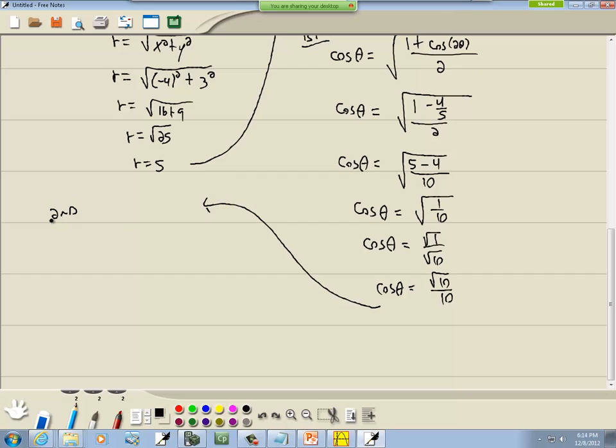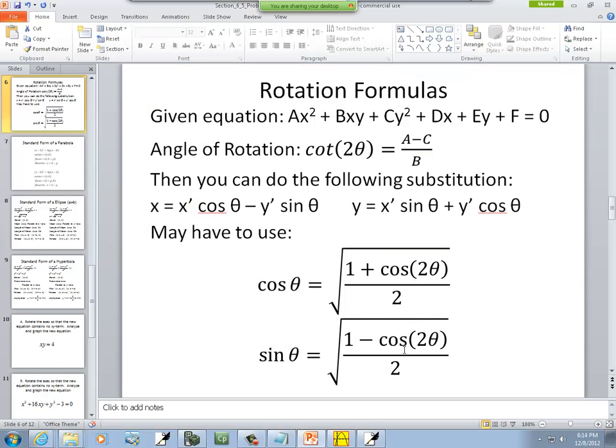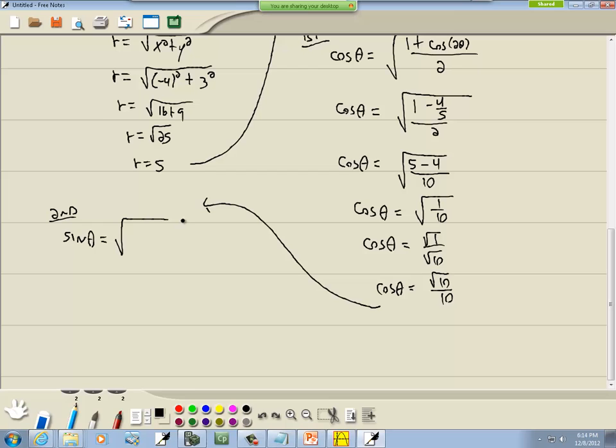And then second thing. Sine theta from our formula is equal to the square root of 1 minus cosine 2 theta over 2. And cosine 2 theta we said was negative 4/5. So that's going to be a negative 4/5 there over 2.